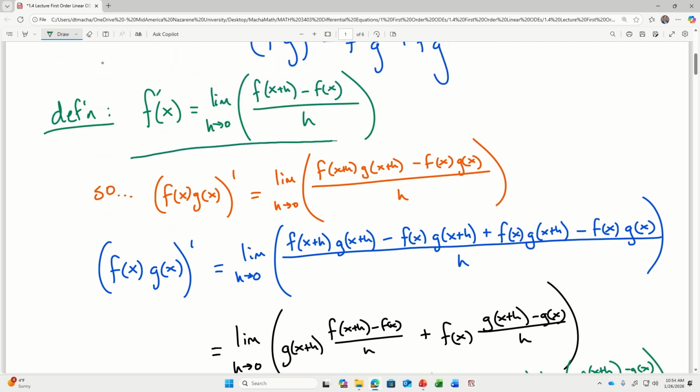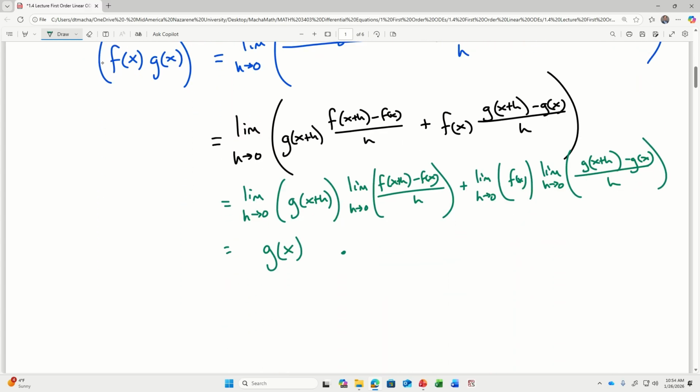Here's a little hint. Yeah, this is the definition of the derivative. That's what we said. This is what it means to be f prime of x. And then we've got the limit as h approaches 0 of f of x. Well, there's not even an h there.